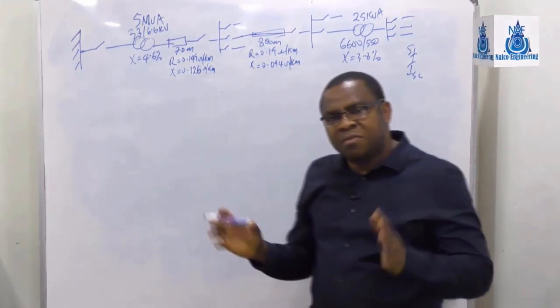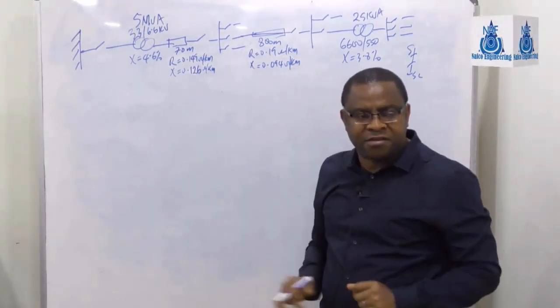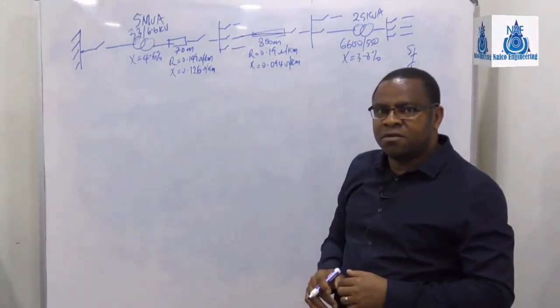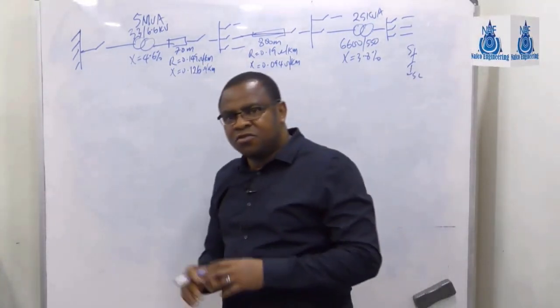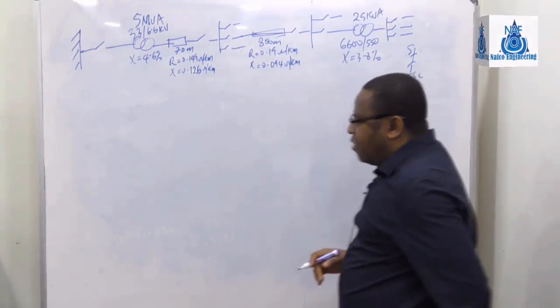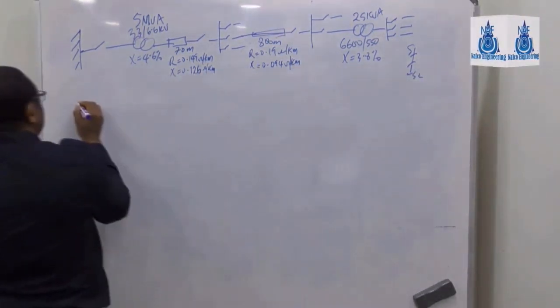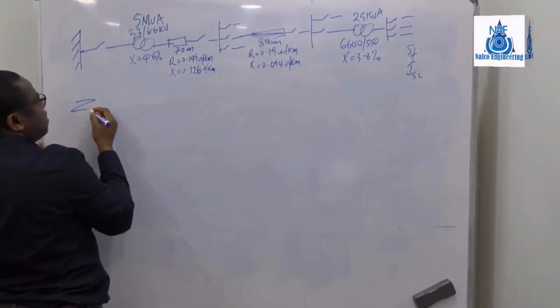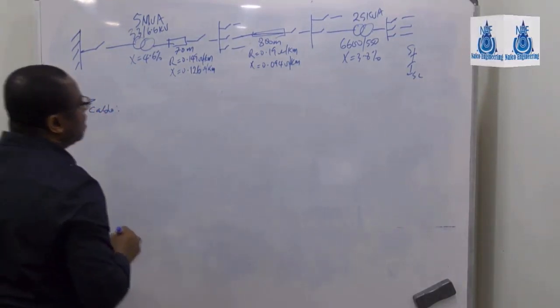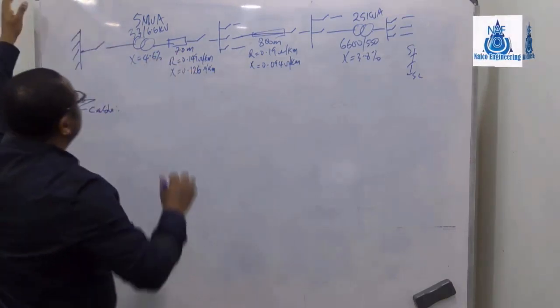Let's get our impedances and then we'll put them to a common base. Did you get that? So we choose a common base, and then we can update all the impedances. Let's look at the cables first.